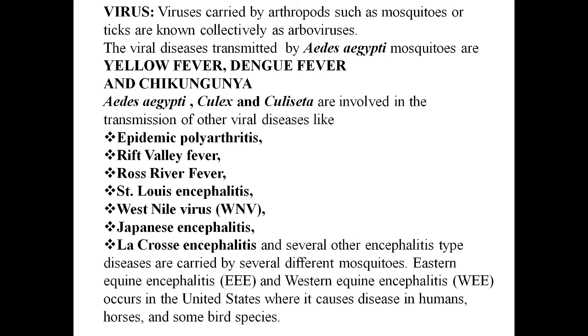The transmitters are Aedes aegypti and Culex, and these are involved in the transmission of viral diseases like epidemic polyarthritis, Rift Valley fever, Ross River fever, encephalitis, and West Nile fever.